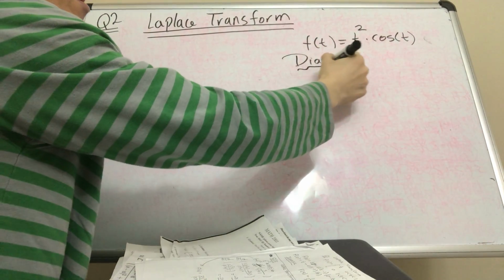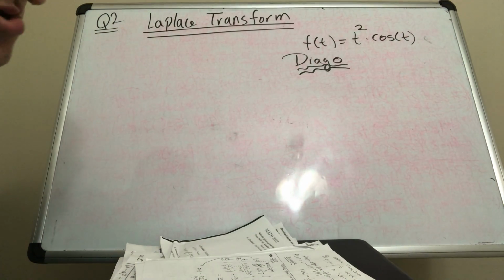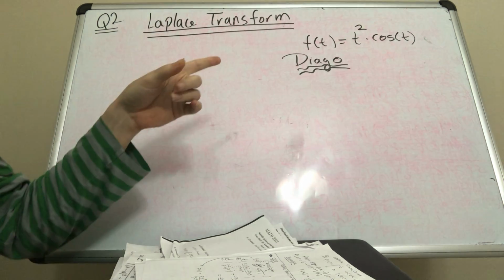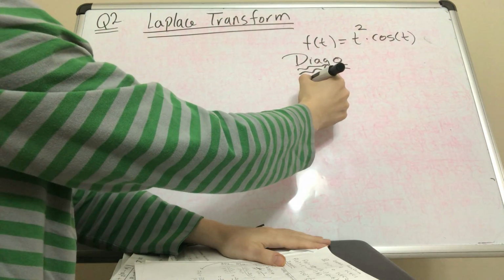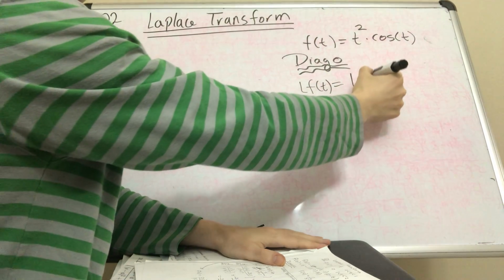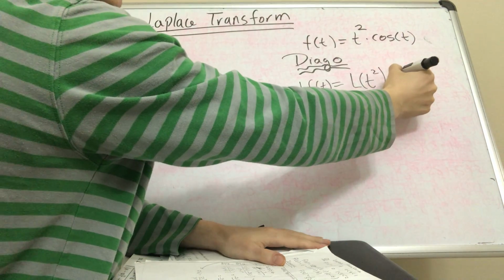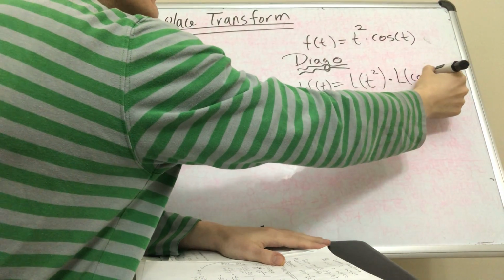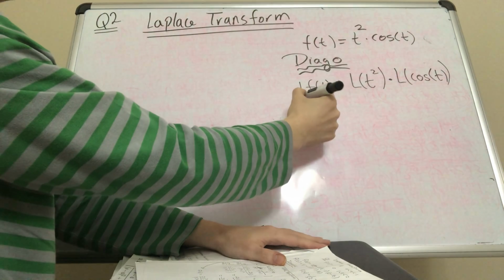Now, this is what I told you. Diego did something strange in this worksheet. I don't know if he updated the answer. What he did for the transformation for this, he said, I'll take the transformation of the first one times the transformation of the second one. And that's wrong.